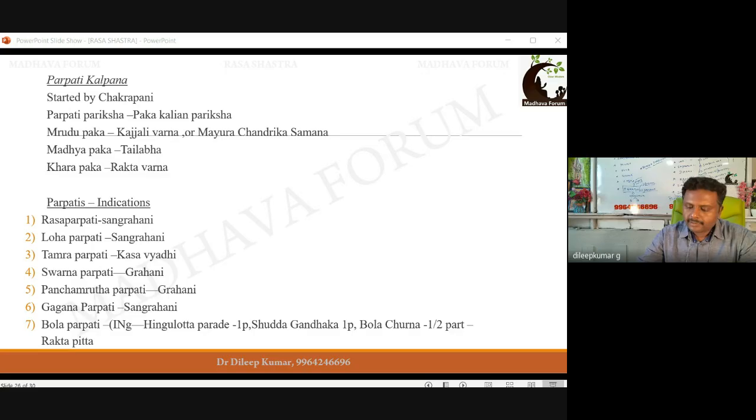Even Purana Shali is indicated in Kasa, Jalodhara, Shotha, Harsha, and Kamala.